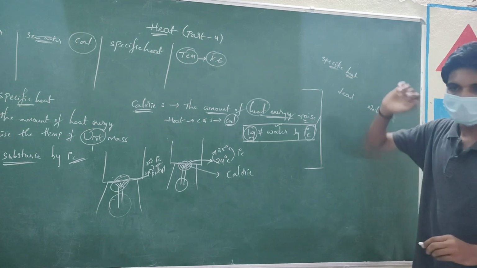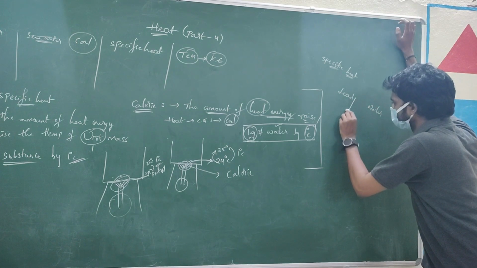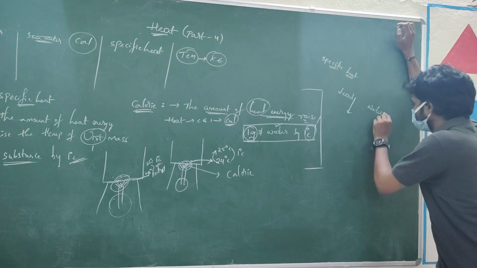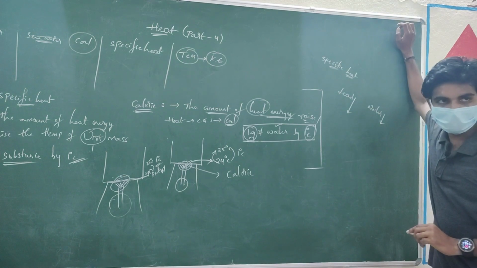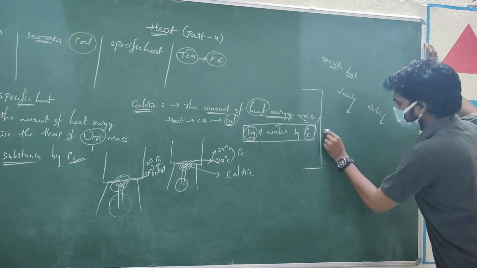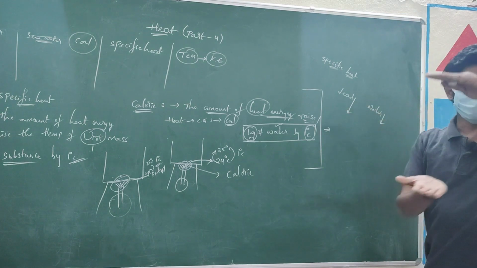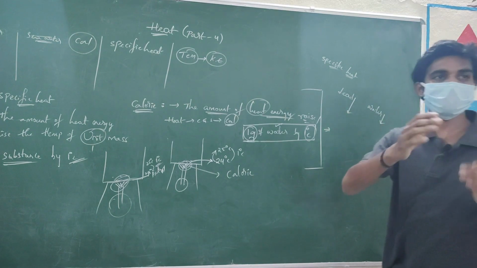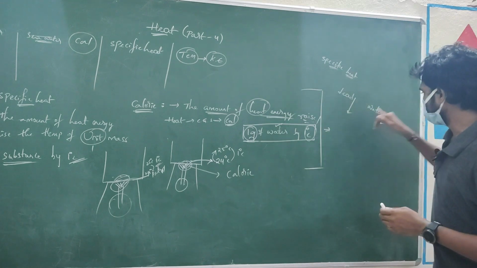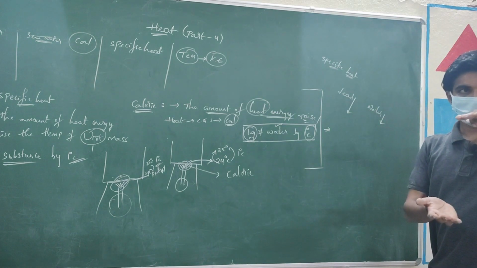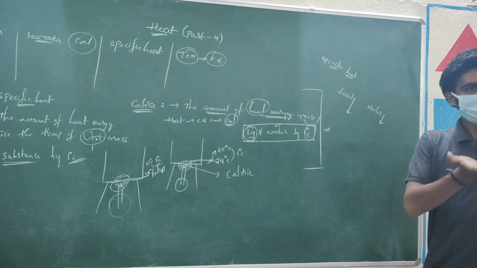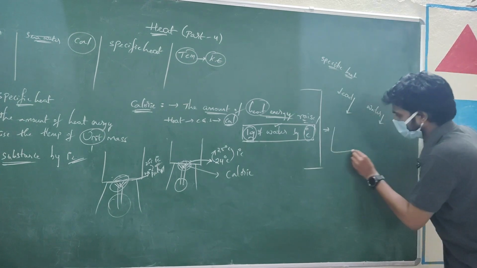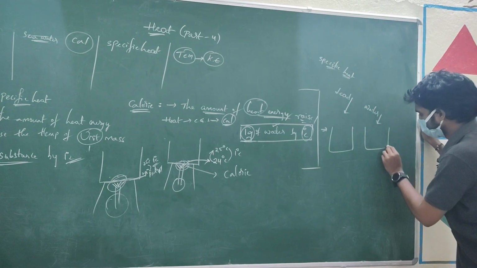The specific heat value of lead is much lesser compared to water. So the major difference is, if the specific heat value is lesser, it gains heat energy much faster. If the specific heat value of water is much greater, that is the reason it gains heat energy much slower. Let's say we will take two beakers here.